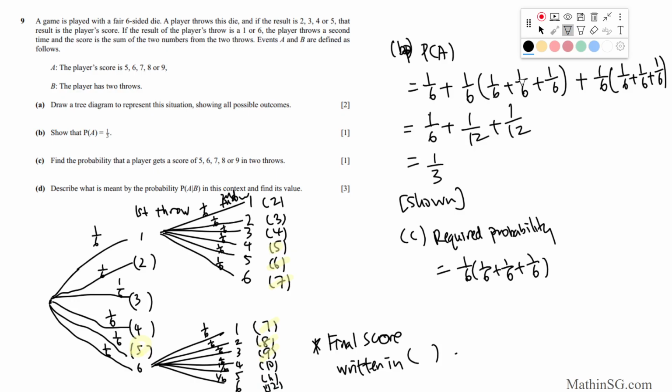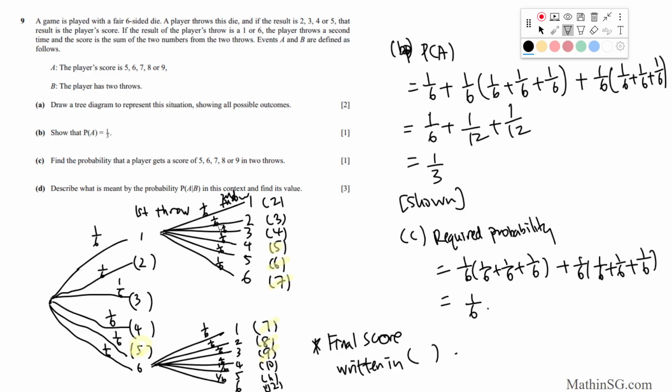Because this one is when the first throw you throw a 1, then the second throw you throw a 4, 5, or 6. Or the first throw you throw a 6, then the second throw you throw a 1, 2, or 3. Okay, so this will give us a probability of 1 over 6.